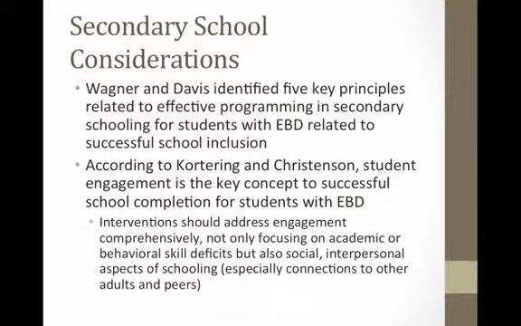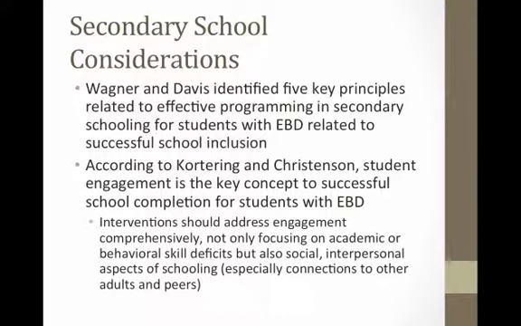These 5 key principles were meaningful relationships as a basis for school engagement, academic rigor provided through a challenging curriculum while accompanied by the academic supports necessary for success, learning opportunities that are relevant to the interests of students and their future plans, particularly as they may relate to career goals, attention to multiple needs of students with EBD, such as through coursework and extracurricular activities in which students are able to further explore their particular interests and develop their skills not limited just to academic areas, and active involvement of individual students and their families in transition planning so that it is person-centered and addresses key adult transition domains.